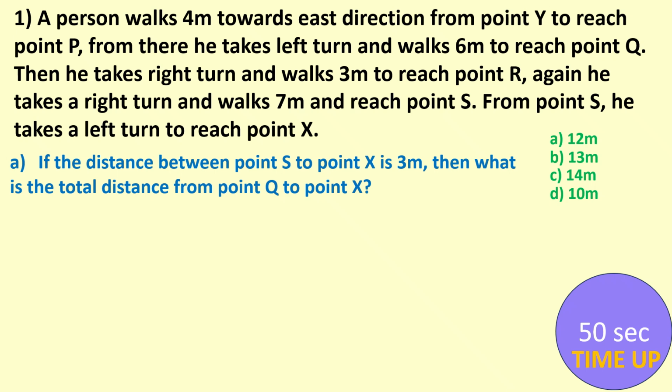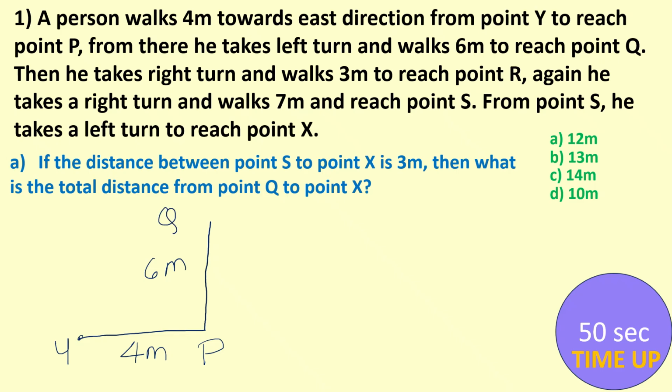So this is your point Y. And the person is walking in the east direction for 4 meters to reach point P. So this is your point P. Then from there he takes a left turn and walks 6 meters to reach point Q.